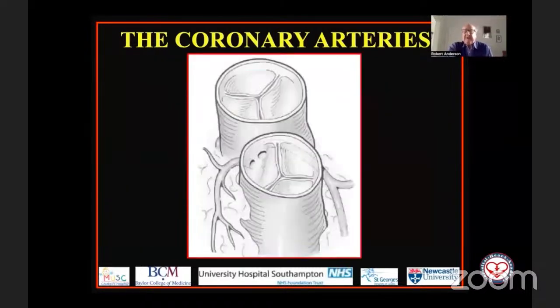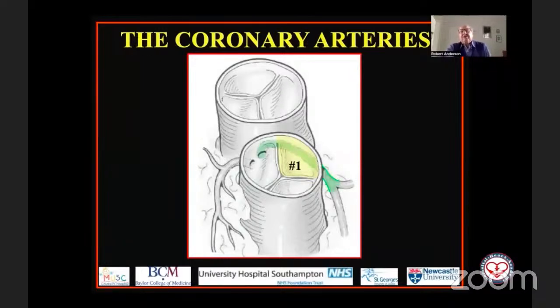But there is one particular variant that the surgeon needs to be aware of, and that is the variant I'm showing you here in a drawing. Here is the right-hand sinus, sinus number 1, and to all intents and purposes, it looks as though the anterior interventricular and circumflex artery, the main stem of the left coronary artery, is going to take origin from that right-handed sinus.